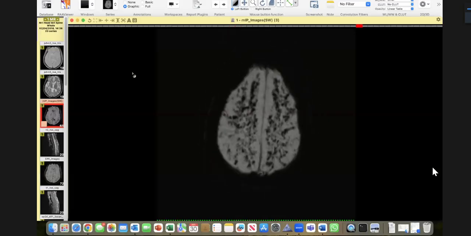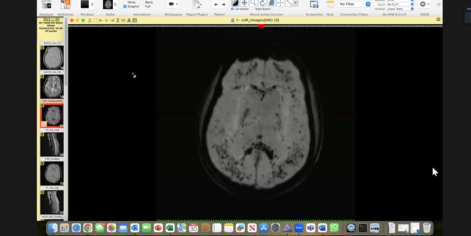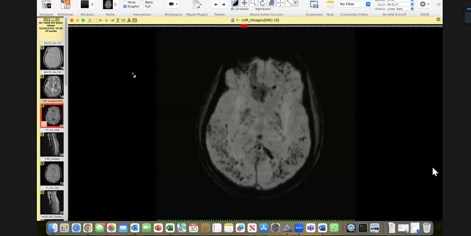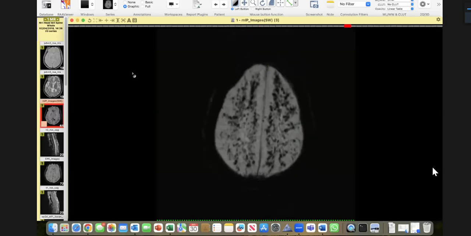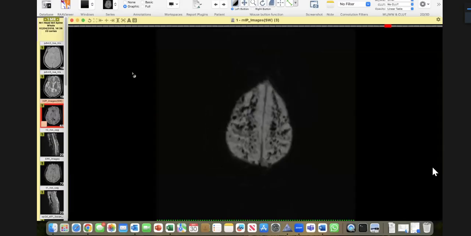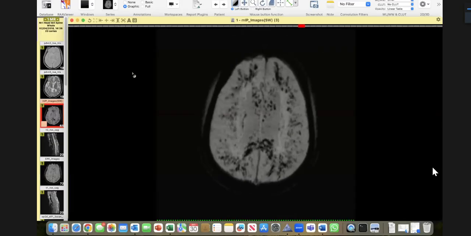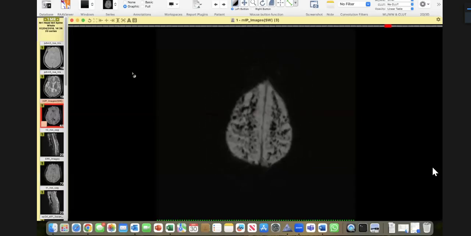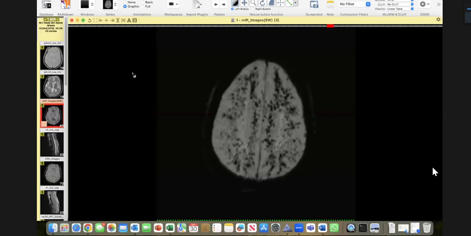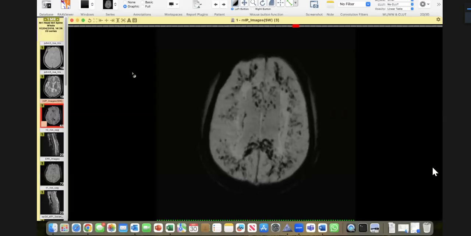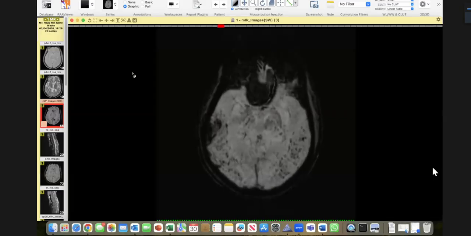A lot of other things can give this, like septic emboli, but this will not result in the diffuse brain atrophy. This is intraparenchymal. It's not in the subarachnoid space like superficial siderosis due to intracranial hypotension, which can also give this if he has a CSF leak or anything, but it will not explain the brain atrophy.